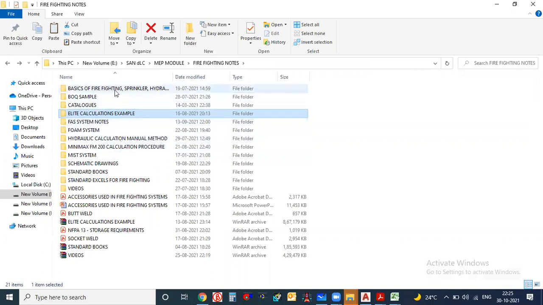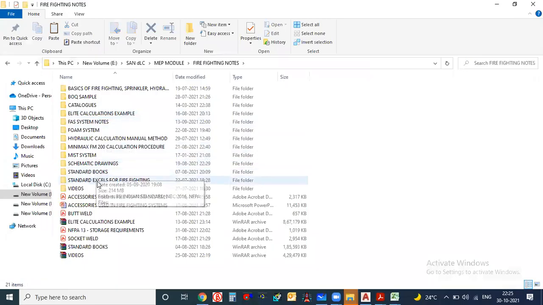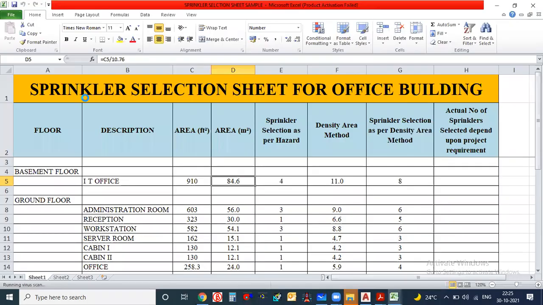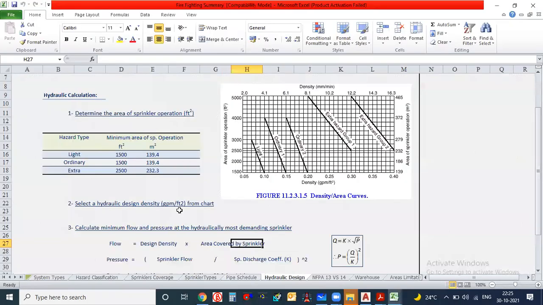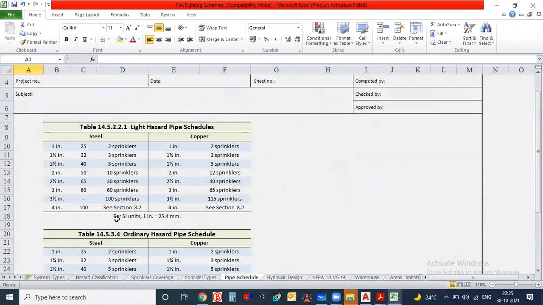Just a minute. In this file, I think I will get it. See here, pipe size. So here they have written the pipe sizing.